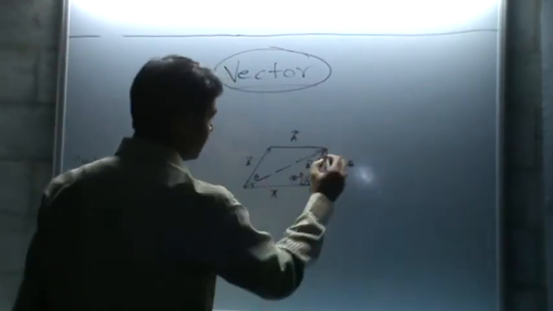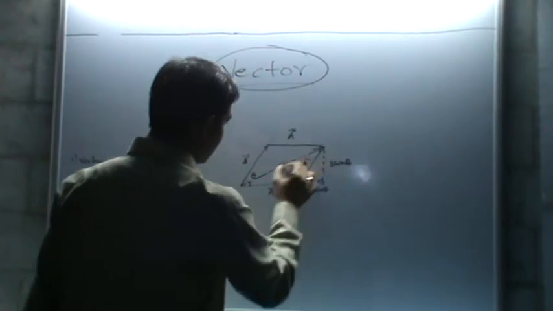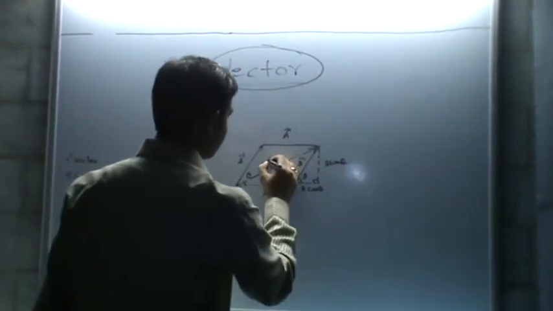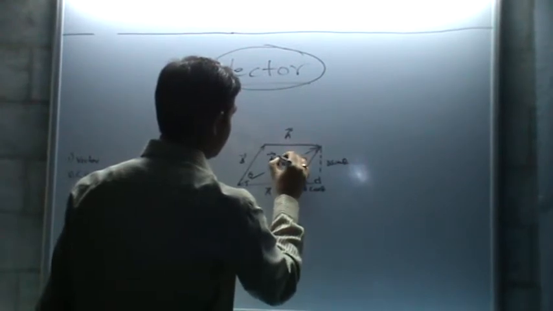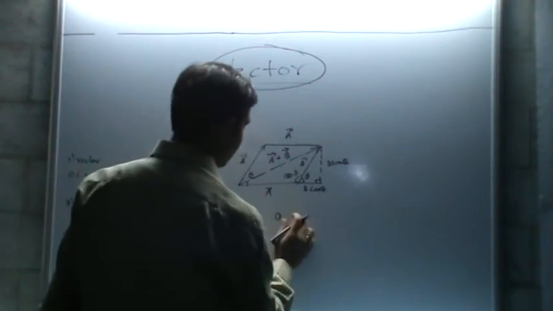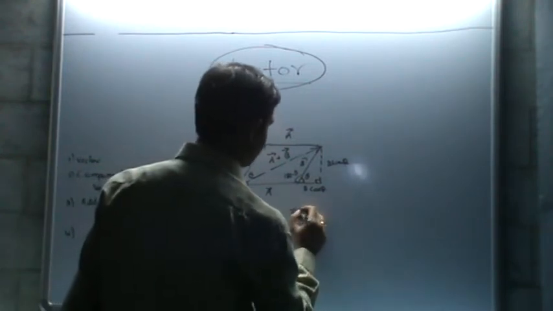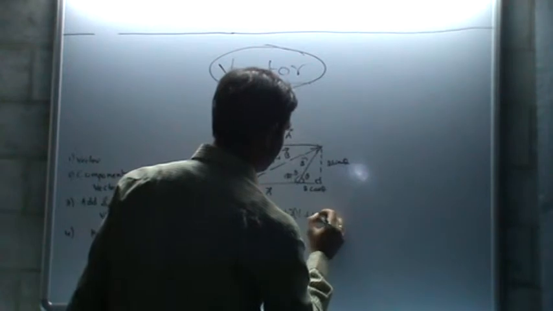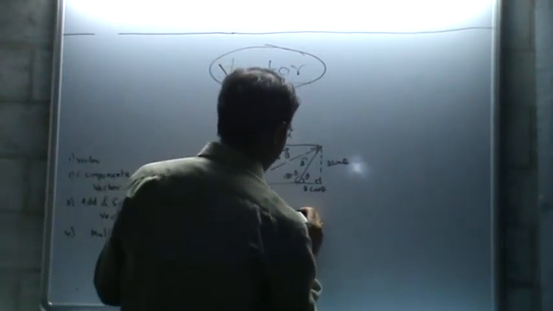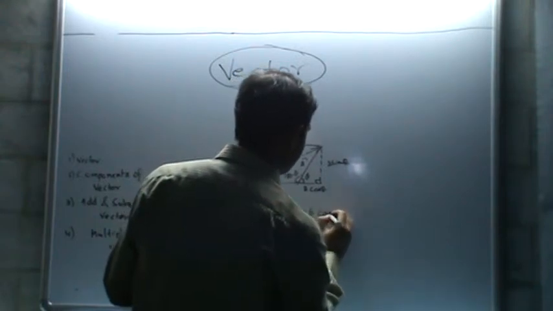Now what happens? Resultant, how will it be? See, it's a right angle triangle. This is the sum of A plus the magnitude of B cos theta. We again write it as A plus B cos theta.